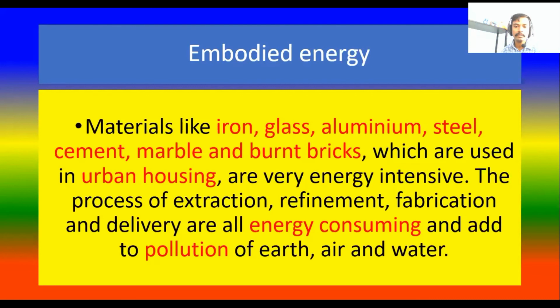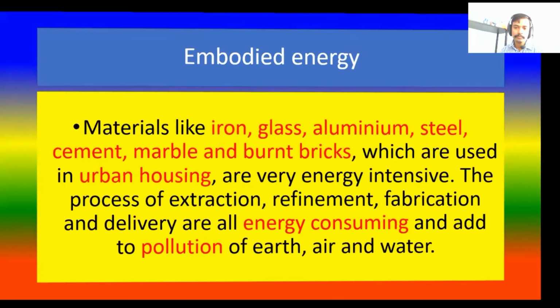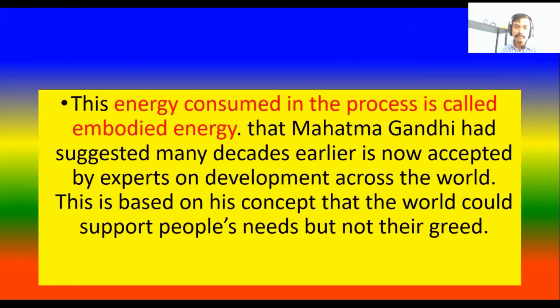In urban housing these are the materials: steel, chemicals. How to produce steel from mining, how to produce aluminum, glass, everything is industry work, using chemicals and poisonous gases emitted into the environment, damaging the soil, etc. The energy consumed in the process is called embedded energy.